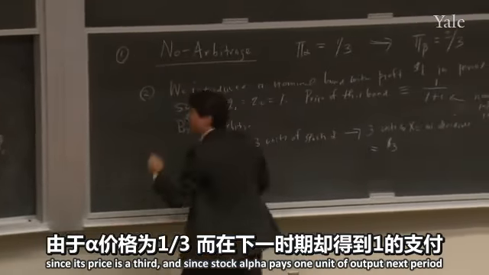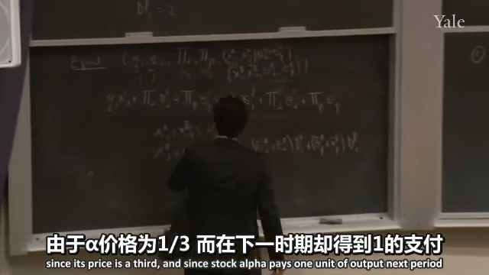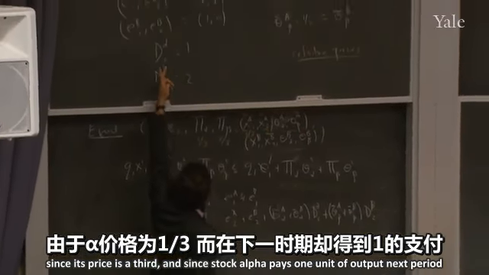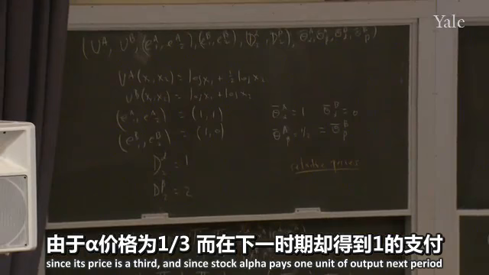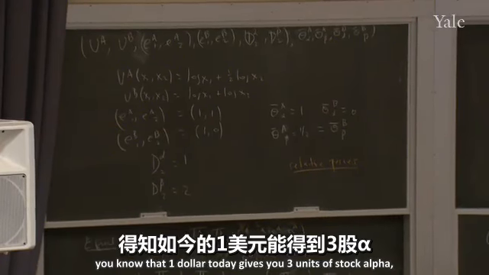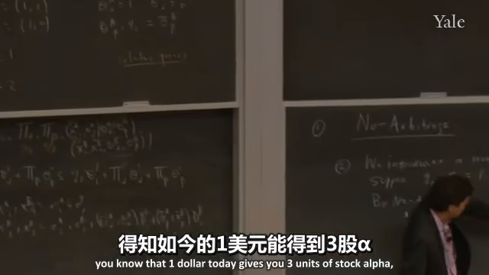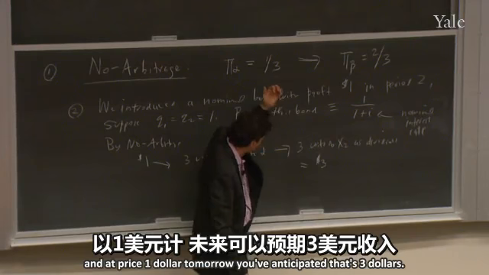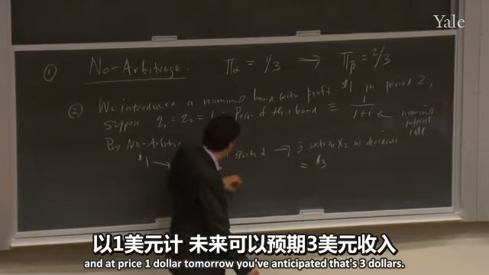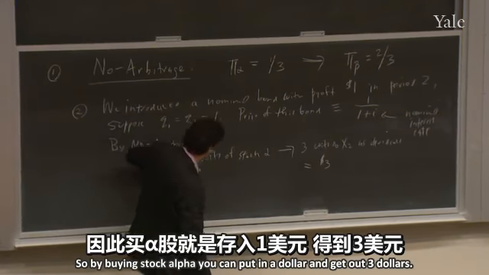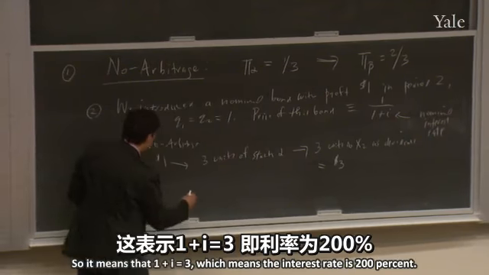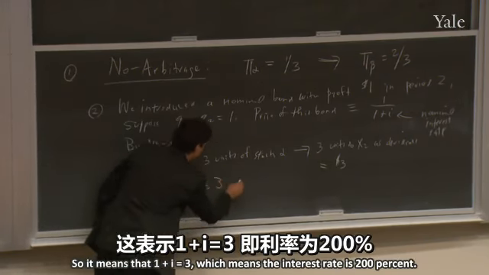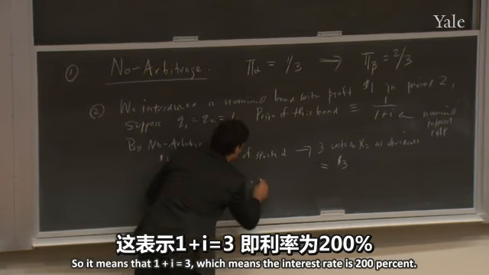And since stock alpha pays 1 unit of output next period, $1 today gives you 3 units of stock alpha, which gives you 3 units of good 2 as the output. At price $1 tomorrow, that's $3. So by buying stock alpha, you can put in $1 and get out $3. So it means that 1 plus I is equal to 3, which means the interest rate is 200%.